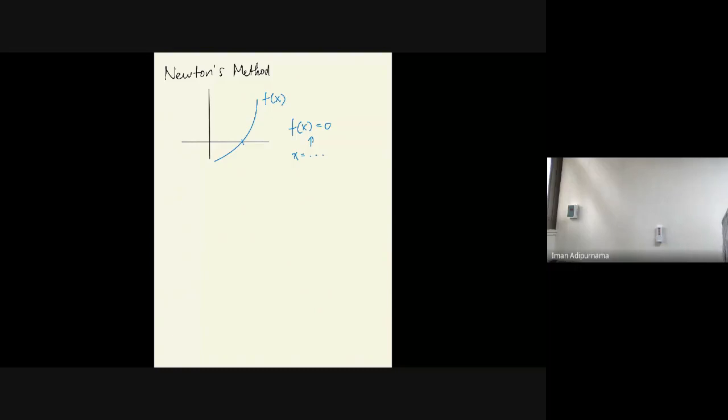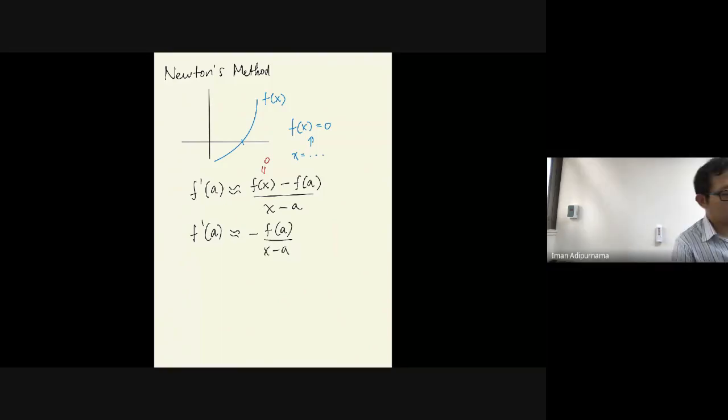Let's approach it from our linear approximation. When f(x) is 0, so let me write this 0, I will have f prime of a is negative f(a) over x minus a. Let's switch the f prime and x minus a.